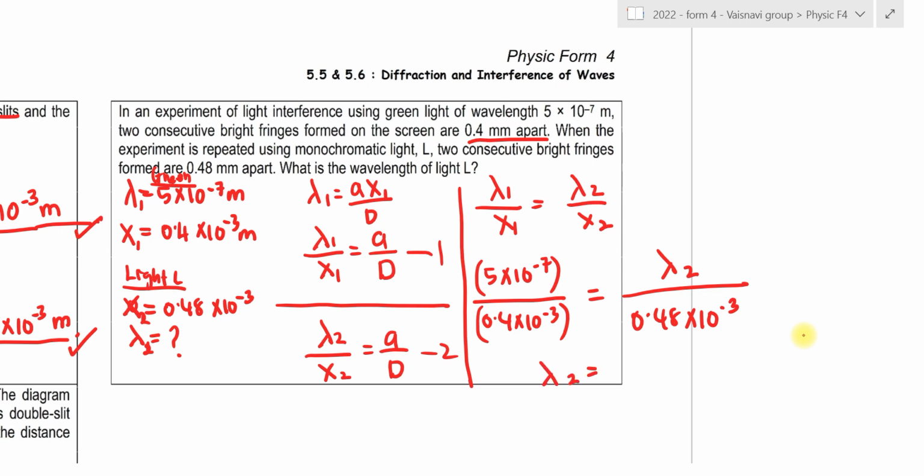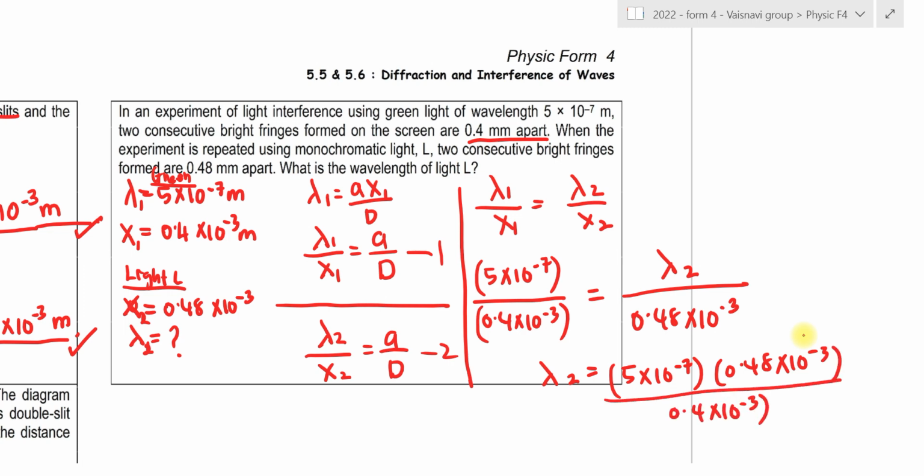Lambda 2 is equal to 5 times 10 to the power of negative 7, kamu darab dengan 0.48 times 10 to the power of negative 3, lepas tu bahagi dengan 0.4 times 10 to the power of negative 3. Berapa lambda 2 kamu? 6 times 10 to the power of negative 7 meter.